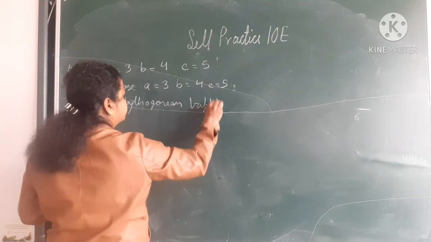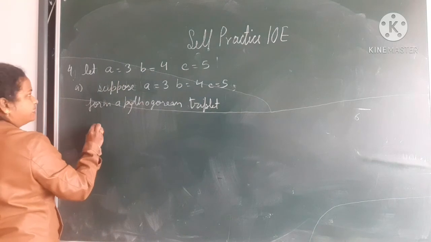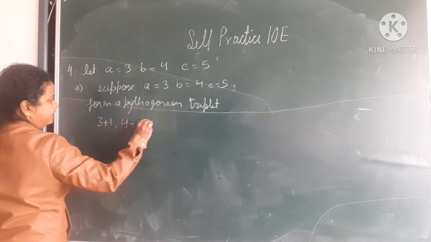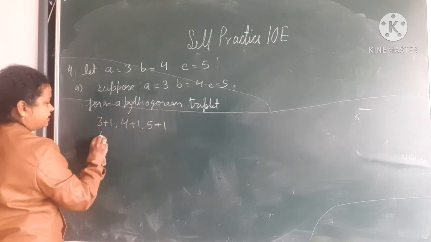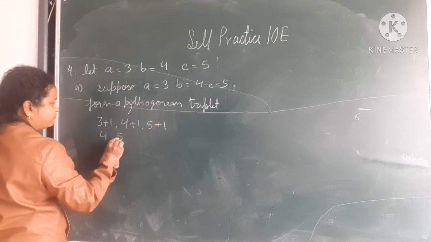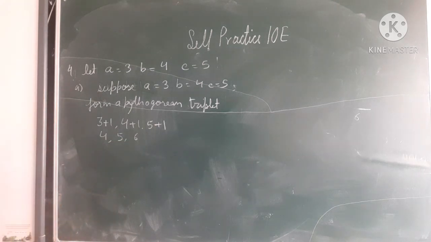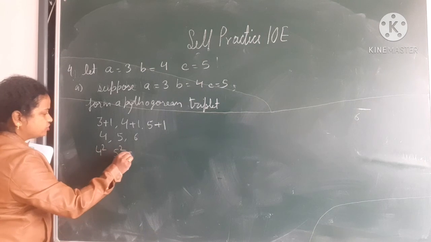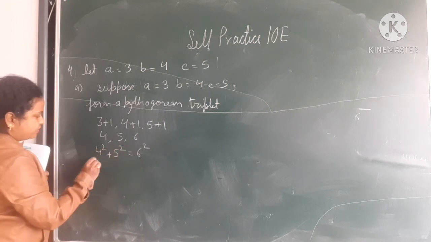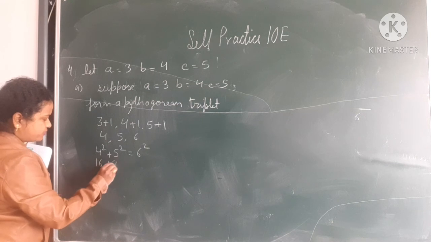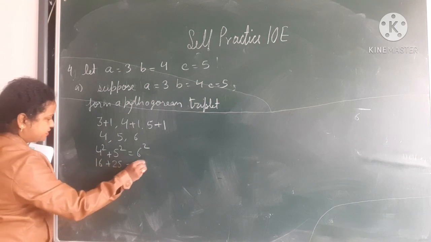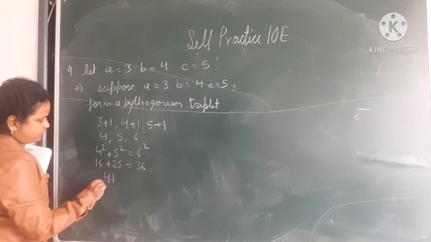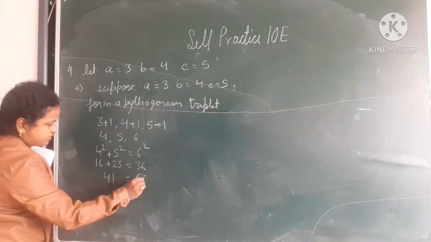Now, A plus 1, B plus 1 and C plus 1: 3 plus 1 is 4, 4 plus 1 is 5 and 5 plus 1 is 6. Will they follow? 4 square plus 5 square should be equal to 6 square. 4 square is 16 plus 25 is 41, which is not equal to 36. Is it?